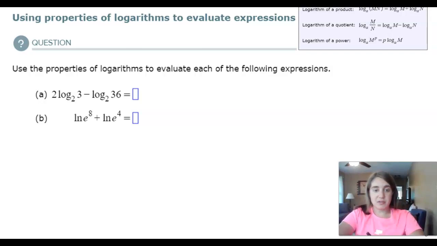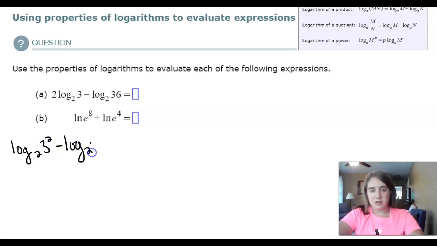It wants us to use the properties to solve. So first I'm going to try to condense. I'm going to rewrite this. I'm going to bring my exponent to the front. So I end up with log base 2 of 2 to the 9th.